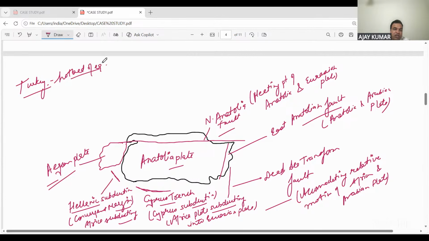Hotbed बोलते हैं इसको, because on average 33,000 earthquakes occur every year. एक year में 33,000 earthquakes are occurring. That means generally आप देख लो कि more than 100 earthquakes एक दिन में आ जाते होंगे.